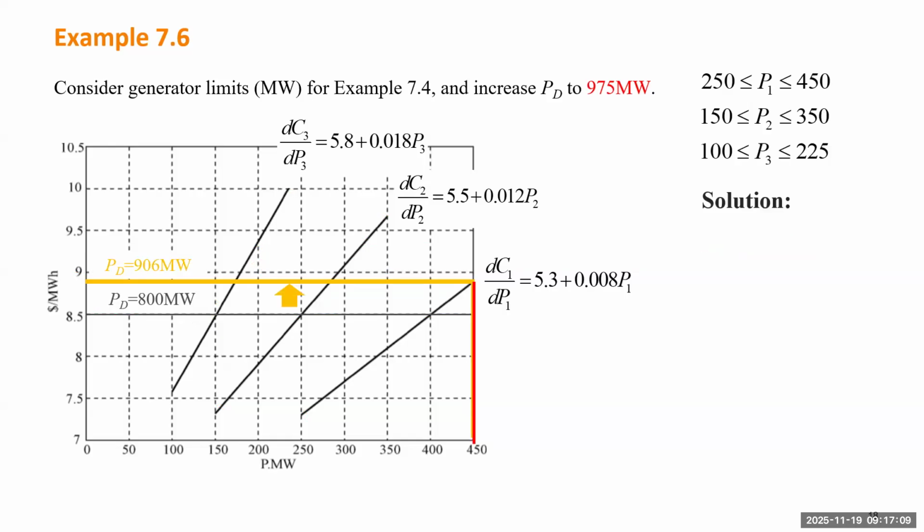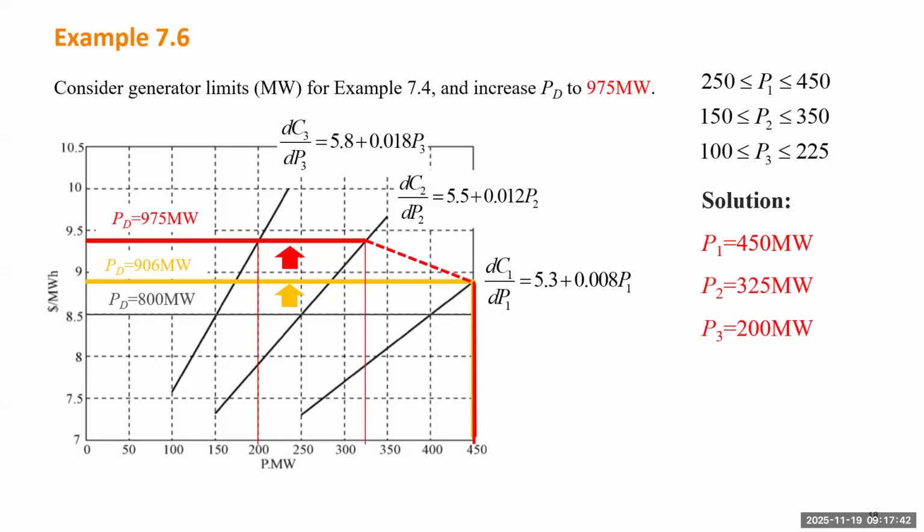Like for instance, this yellow one means the total load becomes 906 megawatt. Unit 1 reached the limit, but it still operates at exactly the same incremental cost. But if you further increase to the target load 975, unit 1 will stop at 450, and the other 2 units will continue to increase, so the 2 intersection points, together with the 450 for unit 1, will still give you the final load.